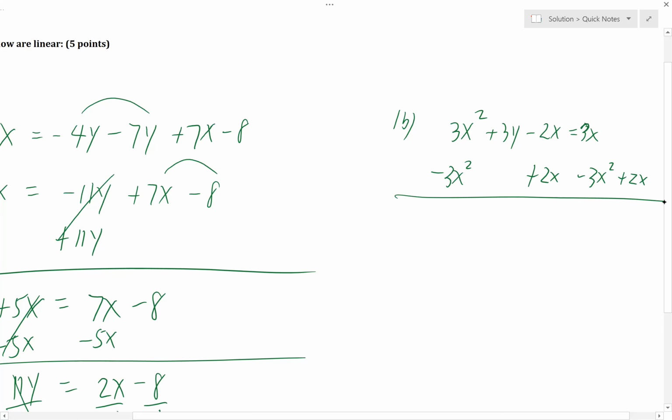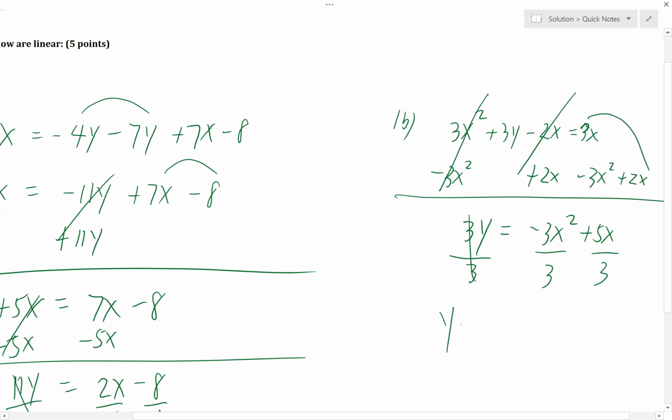Then we cancel 3x squared, so 3y is by itself, and 2x is cancelled by the positive 2x. So 3y on the left. On the right, we have negative 3x squared, and 3x combined with the 2x becomes 5x. Now, just like the previous one, we divide 3 across, left and right, and cancel the coefficient 3, so y is by itself.